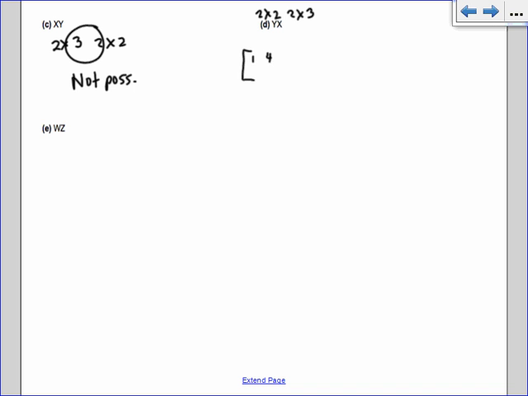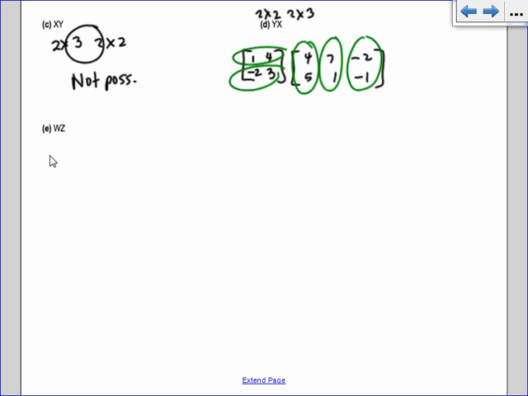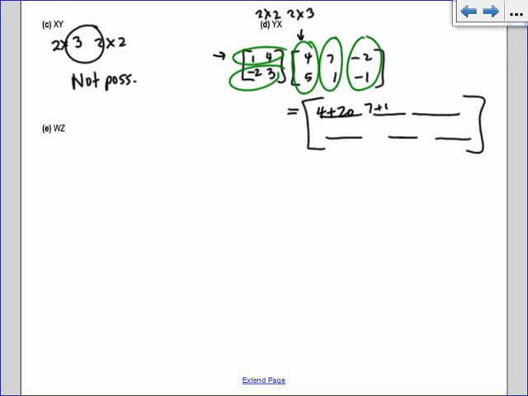So y was 1, 4, -2, and 3. And x was 4, 7, -2, 5, 1, and -1. So I'm going to circle the rows in the first, the columns in the second. And like I said, I'm going to get a 2 by 3. So as I multiply first row, first column, I get 4 plus 20. I get 7 plus 4.